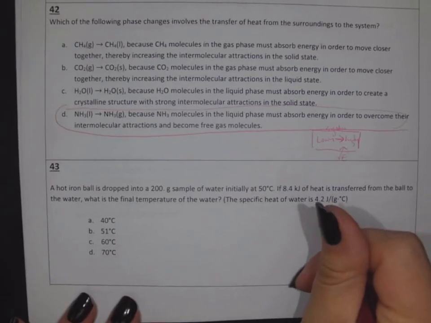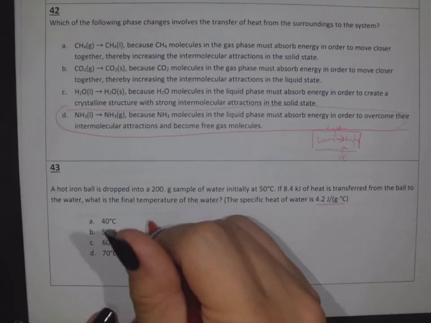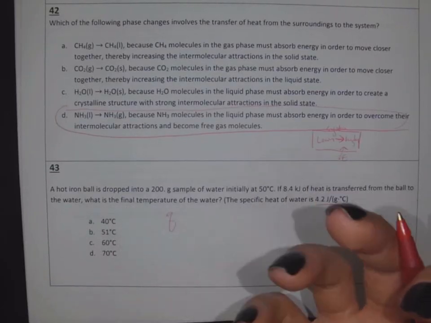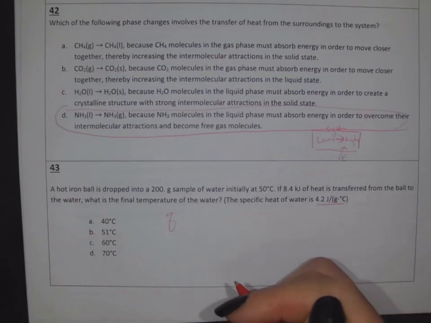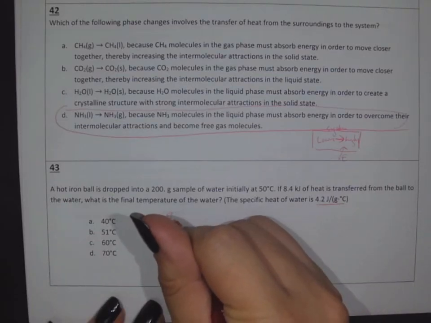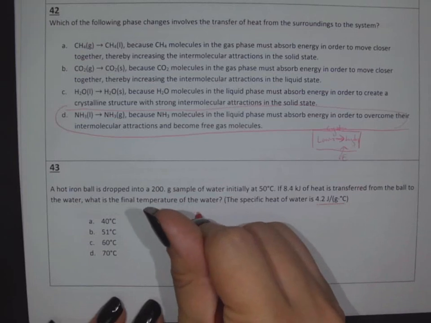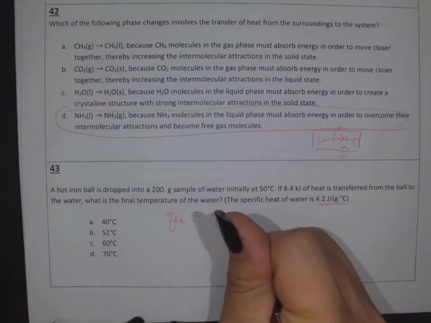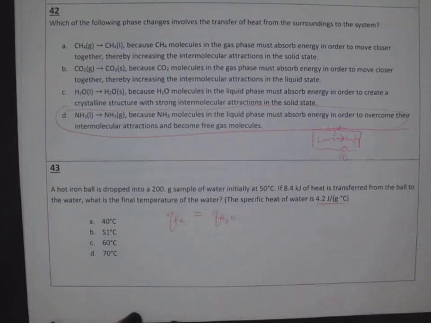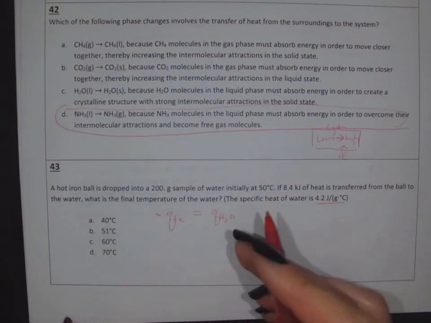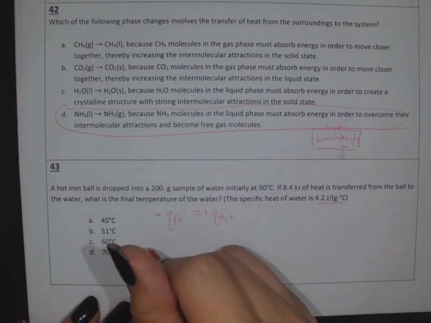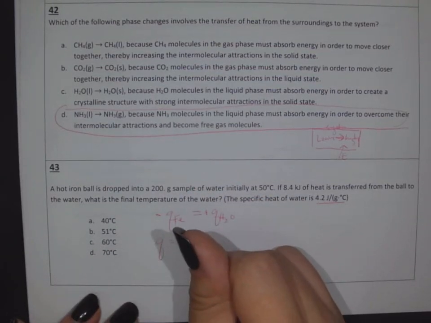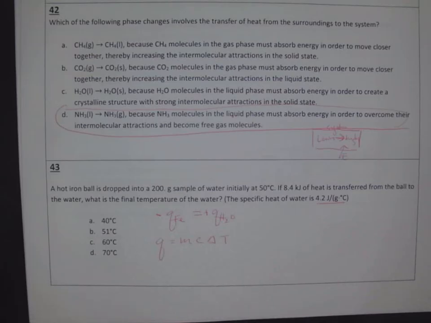They're giving me a specific heat, and I know that all of this heat, letter Q representing this, that is lost by the iron, it's exactly equal to all the heat that was gained by the water. Okay? Now, something important to note, though, is I would inverse the signs. This would be negative because it's losing the heat, and this would be positive. The other thing I know is Q is equal to mc delta T, our MCAT equation. Mass, specific heat, change in temperature.